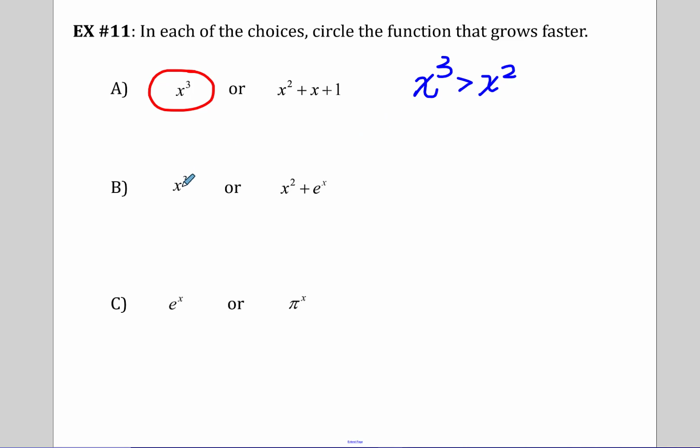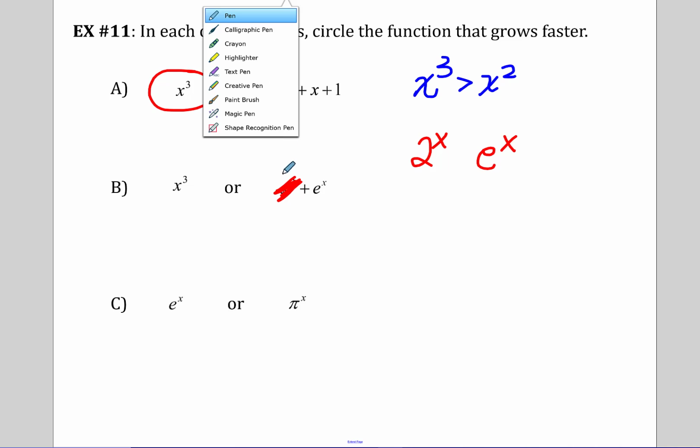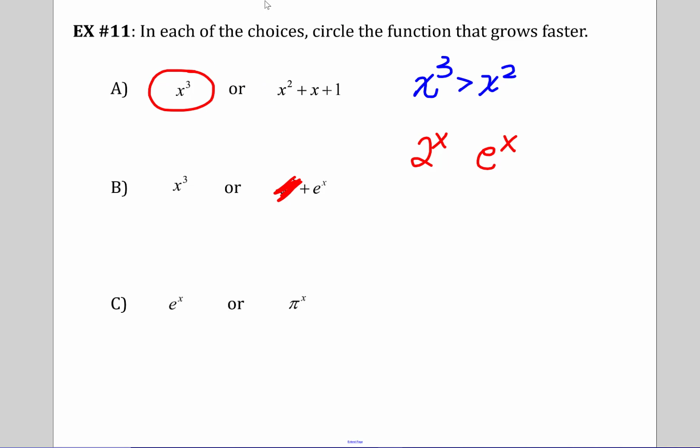In this case, x cubed is bigger than x squared, but I also have an exponential function, sort of like 2 to the x power. E to the x is going to grow way faster than this, so I could ignore this part and think about e to the x, or I could also consider that together the sum of them is going to grow much faster than x cubed.